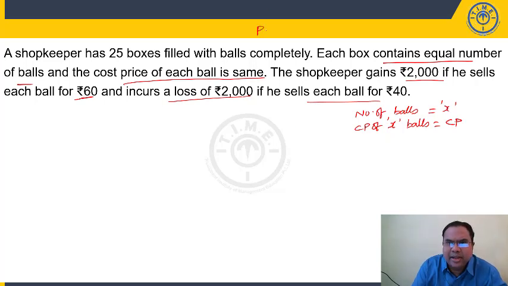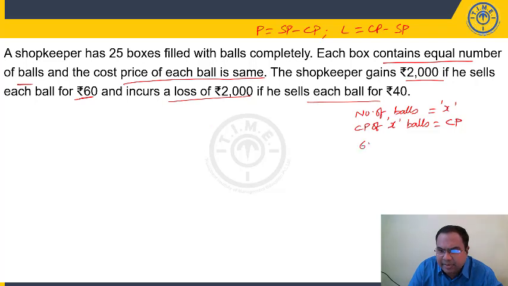Profit is equal to SP minus CP and loss is equal to CP minus SP. So what is selling price of X balls? Each ball 60 means 60X minus cost price of X balls, CP, is equal to 2000. This is my first equation.